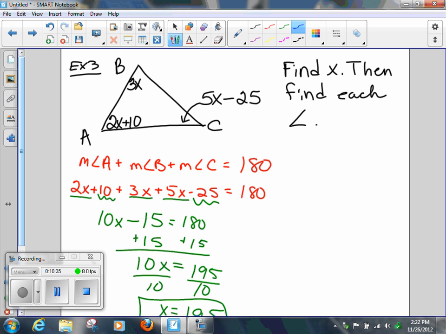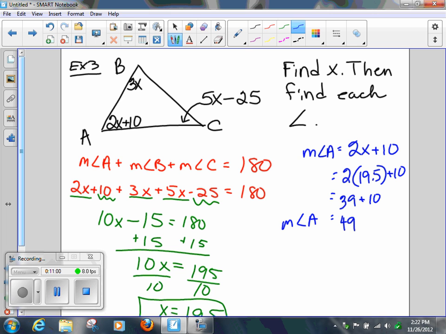Okay, here we go. Measure of angle A, all it is is substitution. 2 times 19.5 is 39, plus 10. You better have this on your paper.